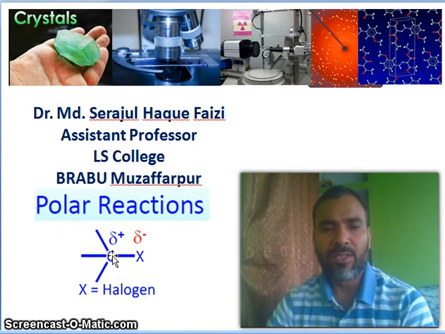Therefore, a partially positive charge arises on this carbon and a partially negative charge arises on this X. So we consider this X as a halogen. We all know that the electronegativity of halogen is greater than carbon.